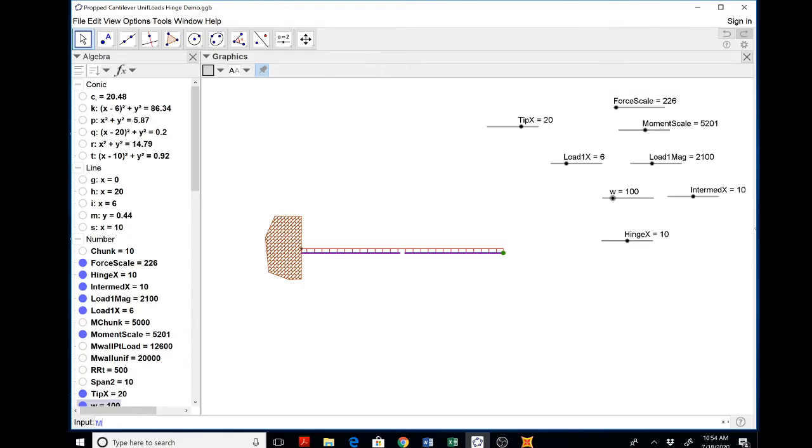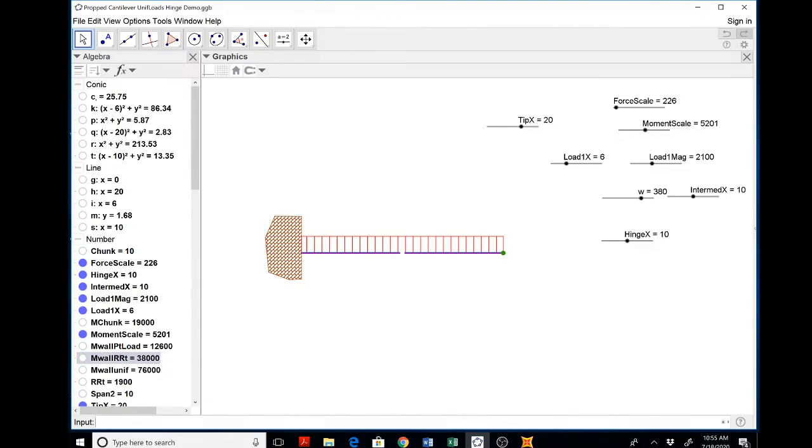Let's say M wall due to R right is R right times tip X. And ladies and gentlemen, that is tension on the bottom, compression on the top.